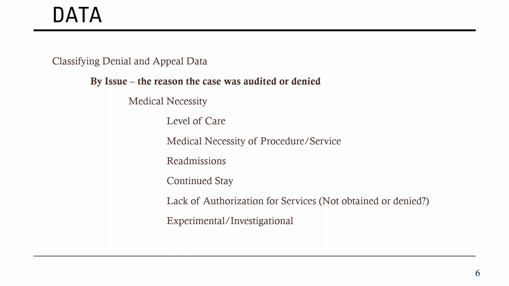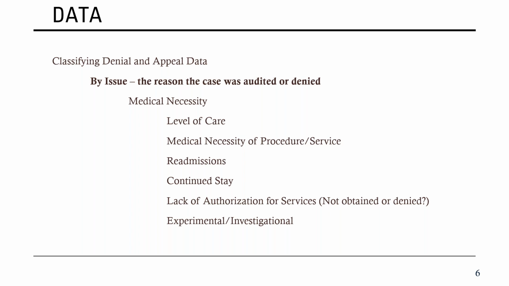Now, typically, when we think about the hospital not even obtaining authorization for services, that's more of a root cause. I'm going to talk about root causes as well. That's a failing on the hospital side to not attempt the authorization. So that's not necessarily an issue, although it could be.